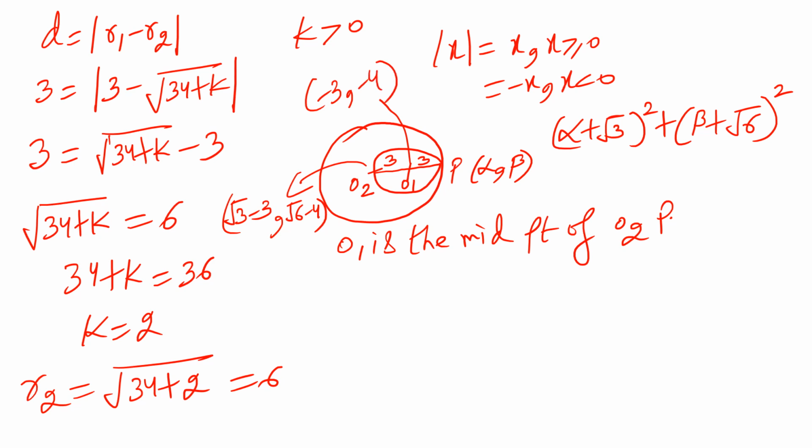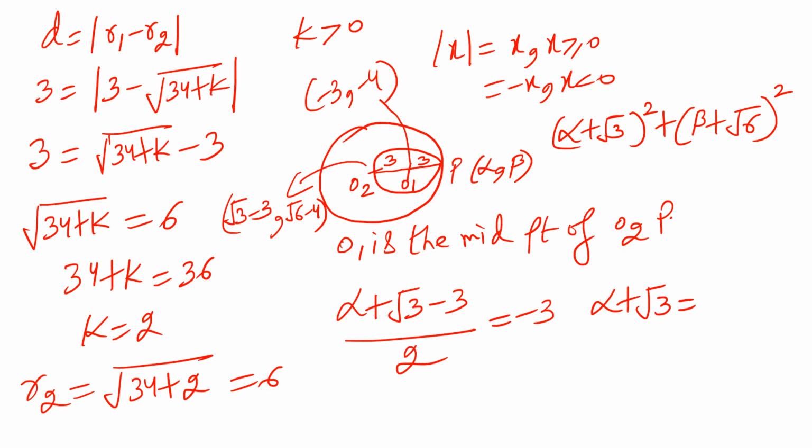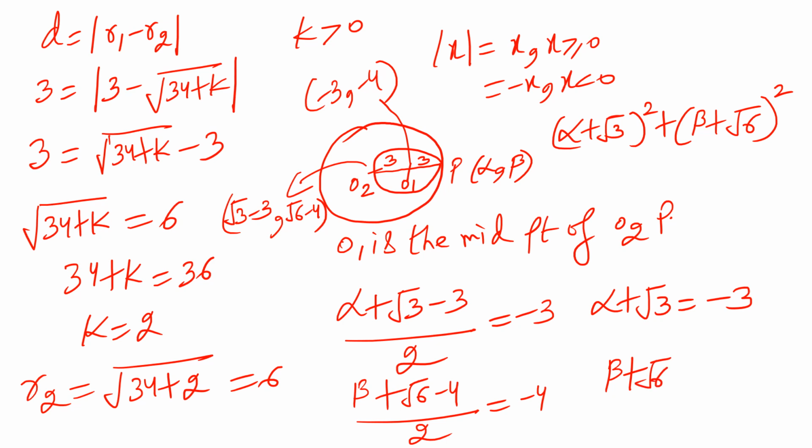So now I can write (alpha plus root 3 minus 3) divided by 2 equal to minus 3. That means alpha plus root 3 becomes equal to minus 6 plus 3, or minus 3. Similarly, (beta plus root 6 minus 4) upon 2 is equal to minus 4. So I can write beta plus root 6 is equal to minus 8 plus 4, or just minus 4.